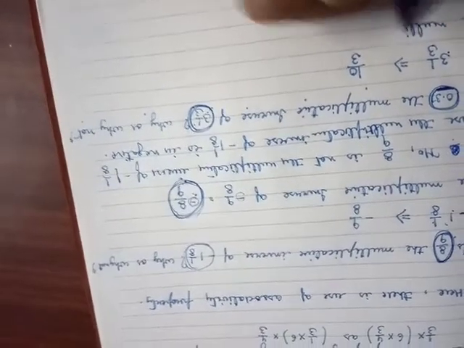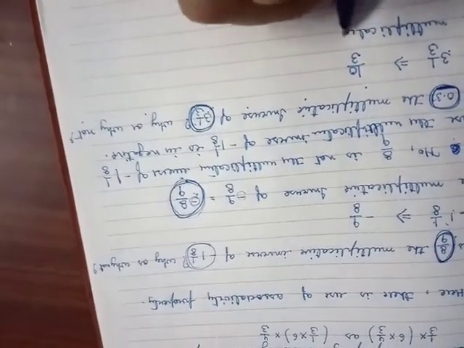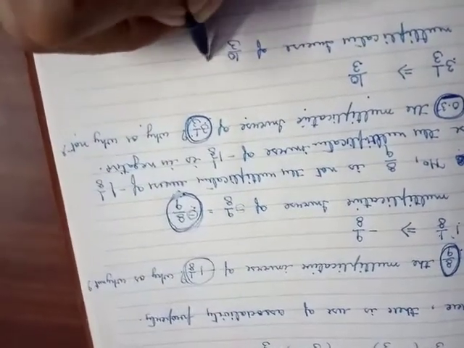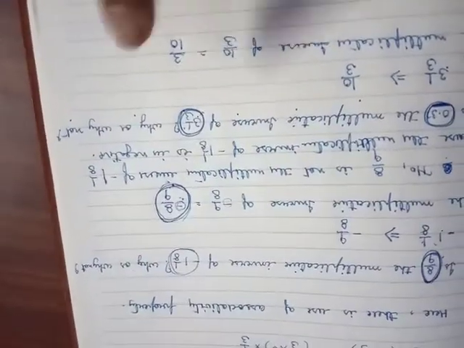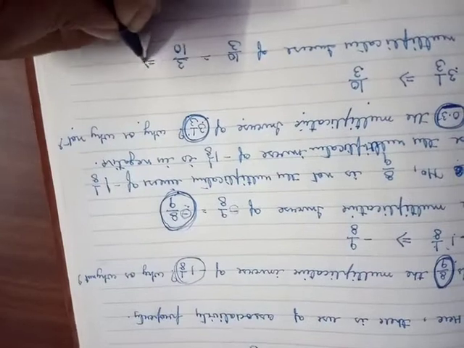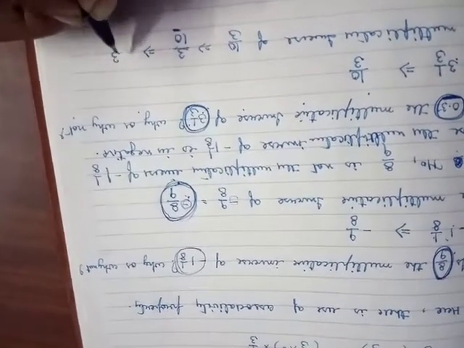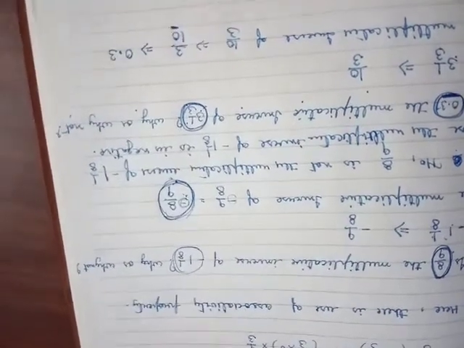The multiplicative inverse of 10 upon 3 is equal to 3 upon 10. Now there is a zero in the denominator, 1 0, so we have to write it in decimal like that.